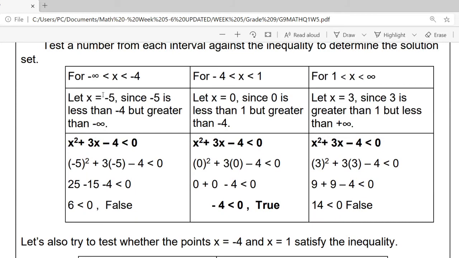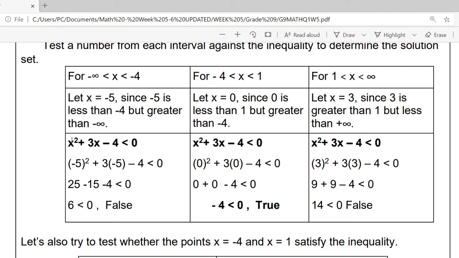We let x be negative 5 from this interval. You can also use negative 6, negative 7, negative 8, and so on. But not negative 4, because it should be less than negative 4.